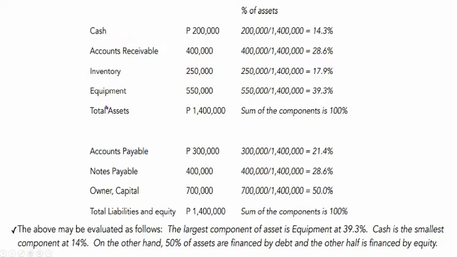So one part of this, the cash of this account, should be rounded down so that you can have the sum of the components total 100%.